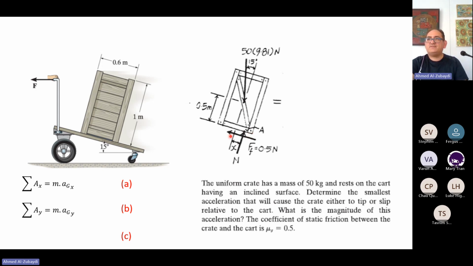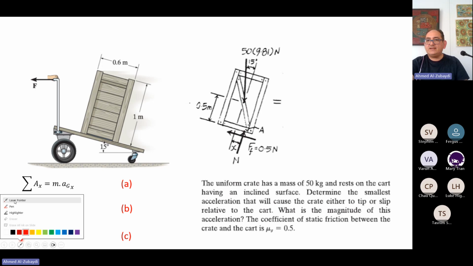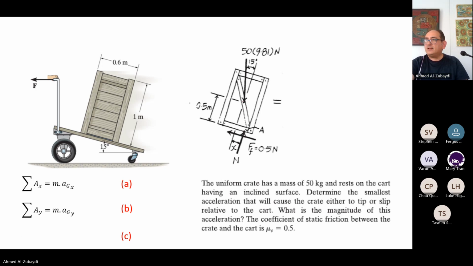Now, because the acceleration is going to be horizontal, we can choose whatever axes we will use. So you can either take the x-axis to be that one and the y-axis to be this one, or you can simplify it to use this as the x-axis and this as the y-axis.